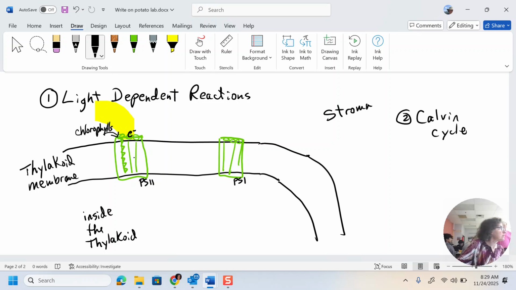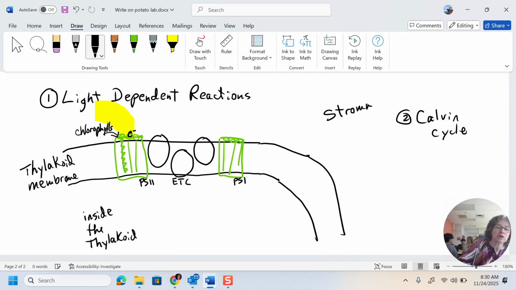So again, we're doing a flow of electrons here. And the electrons, just like in the mitochondria, are going to flow through an electron transport chain. So that's what these guys are. We have an ETC here, just like in the mitochondria.